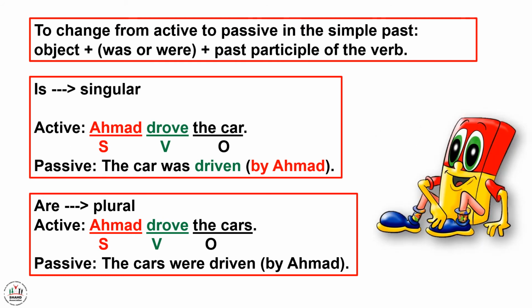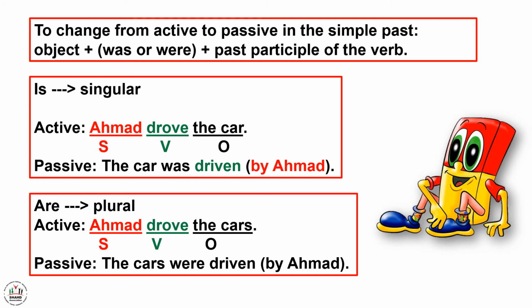Now to change from active to passive in the simple past, start with the object, then put was or were if the verb is in the past tense, put the verb in the past participle, add the word by, and finally put the subject.